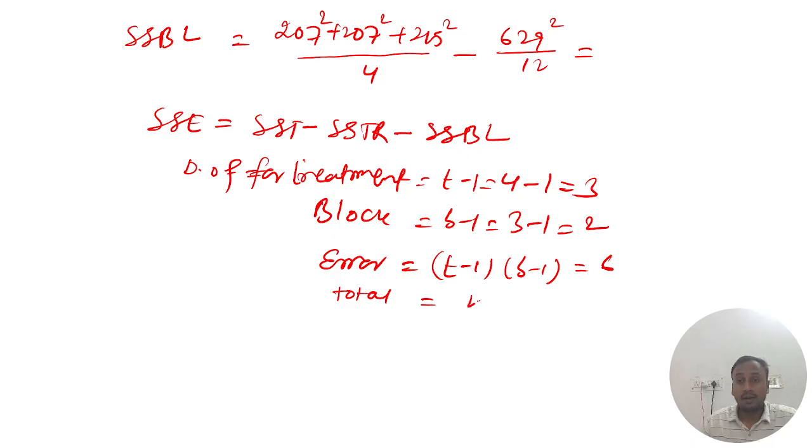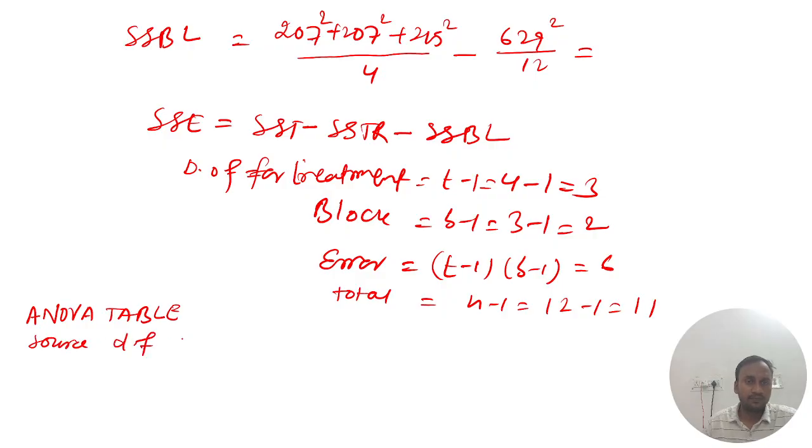Total will be N minus 1, 12 minus 1, 11. So now we can make the ANOVA table. The columns are source, degree of freedom, sum of squares, MS, F. Treatment, degree of freedom 3. Block, degree of freedom 2. Error, 6.